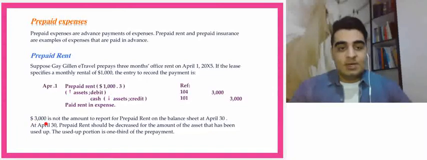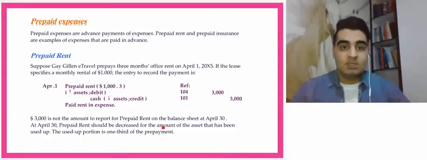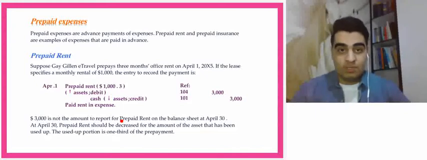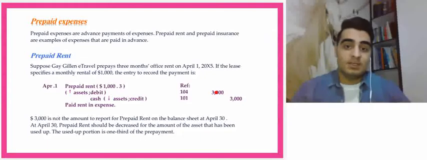It says here that 3,000 is not the amount to report for prepaid rent on the balance sheet at April 30. The reason is that only 1 month passed, and the $3,000 is for 3 months.